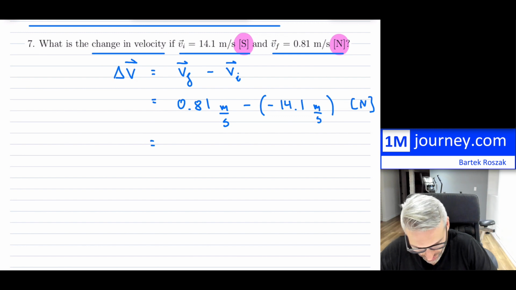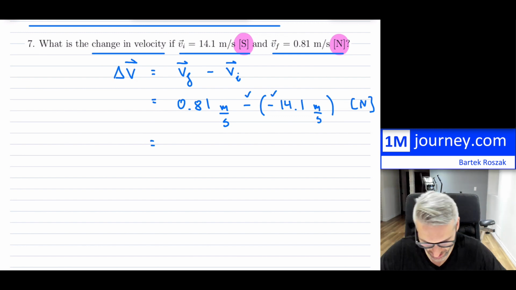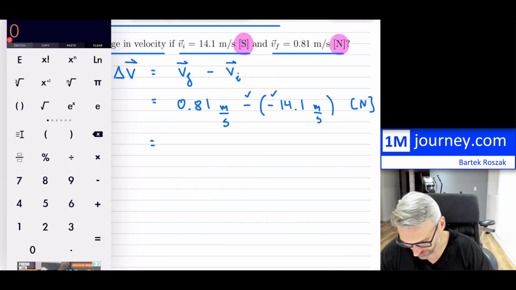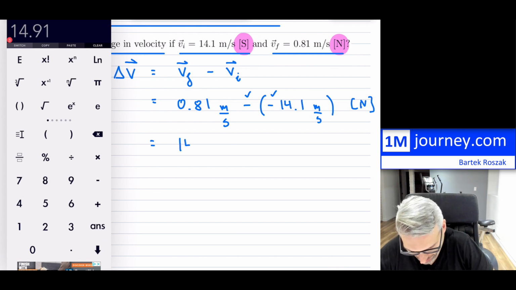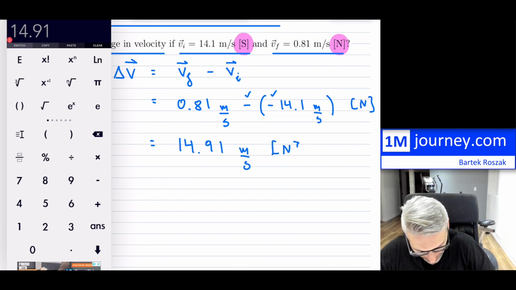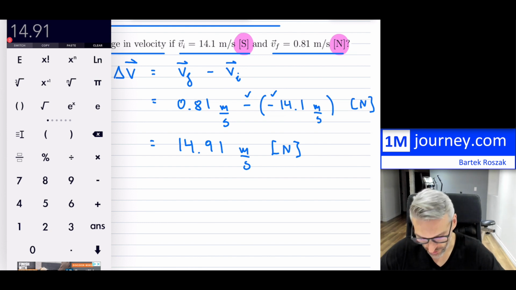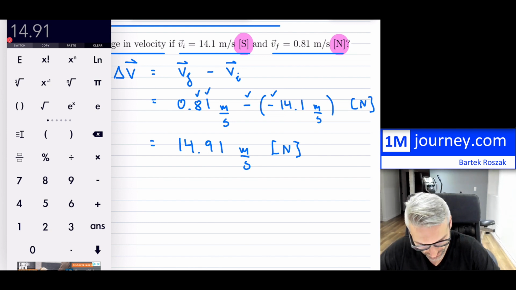And with regards to this, these two, that's going to be a positive in terms of the vector. So 0.81 plus 14.1, and that's simply 14.91 meters per second north. And because we want to stick to significant figures correctly here, this has 2 significant figures.